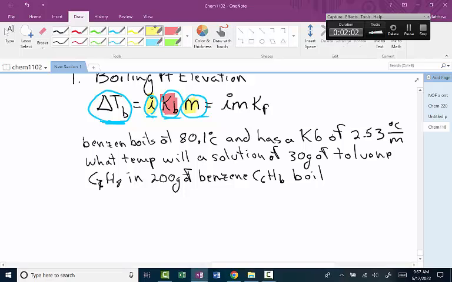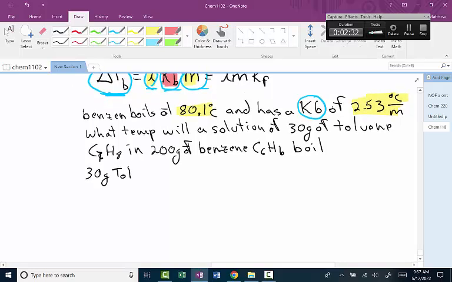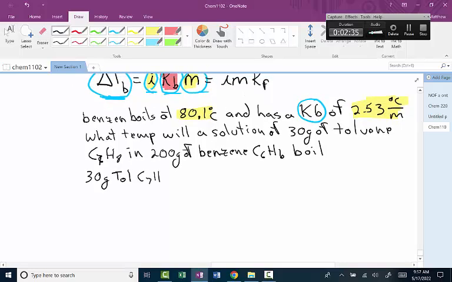So let's just do a simple problem. Here's our problem. Benzene boils at 80.1 degrees and has a K boiling of 2.53. This constant K boiling always goes with the solvent. It is solvent dependent, not solute, but only with the solvent. So what temperature will a solution of 30 grams of toluene, C7H8, and 200 grams of benzene boil at?